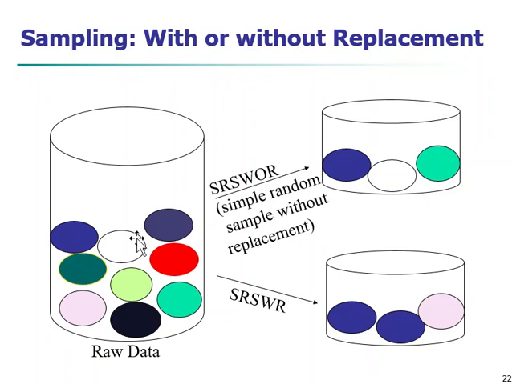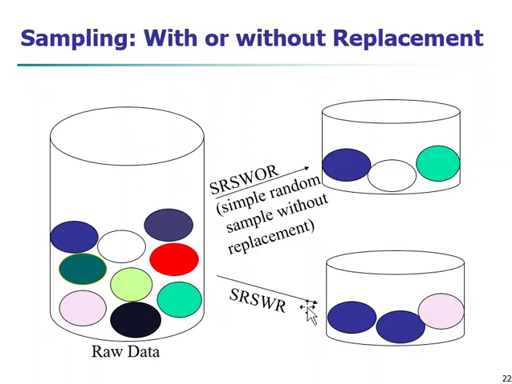If this is the raw data, we randomly select, so the chance for us to pick any of the balls would be the same. We randomly pick one, and then pick the second one, and pick the third one. Without replacement, anything that's been sampled is in the sampled data set, we don't put it back. So this is simple random sampling without replacement.